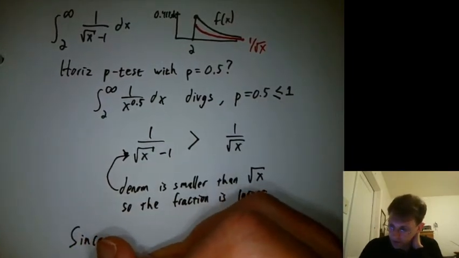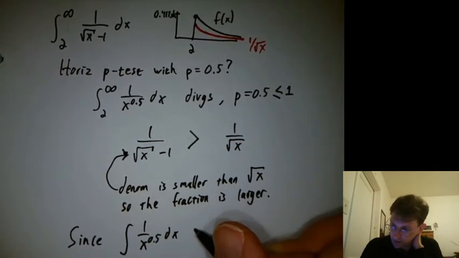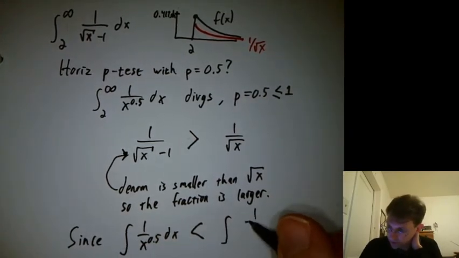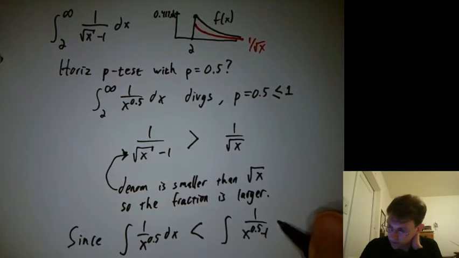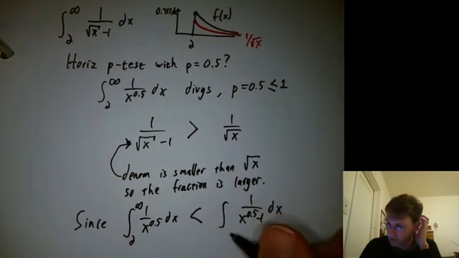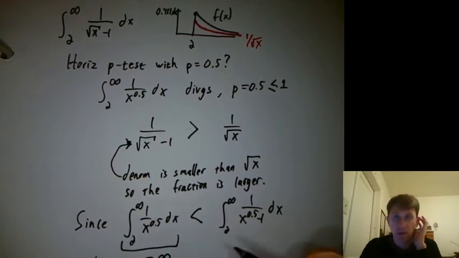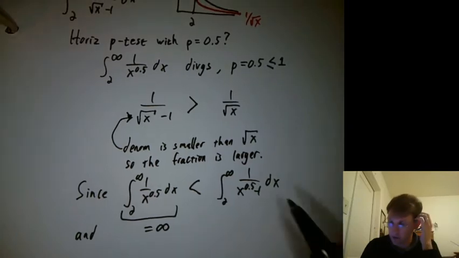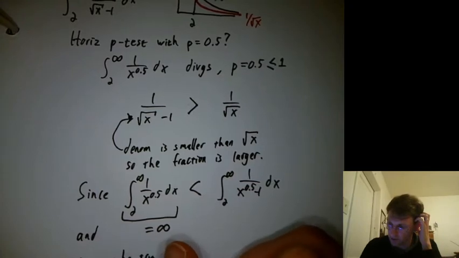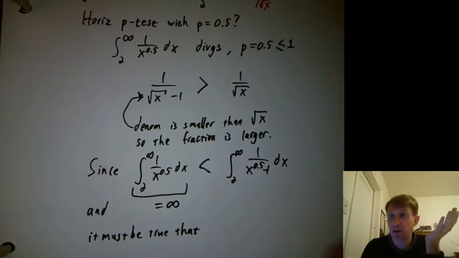We can say, since the integral of 1 over x to the 0.5 dx is smaller than the integral we're doing, on the range 2 to infinity, and this integral is infinity, it's an infinitely large area, it must be true that this integral has to be somehow bigger than infinity, right?